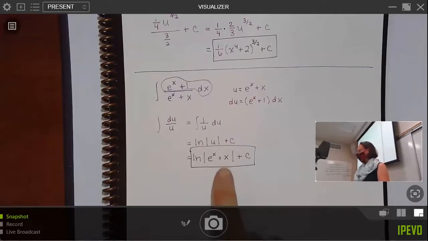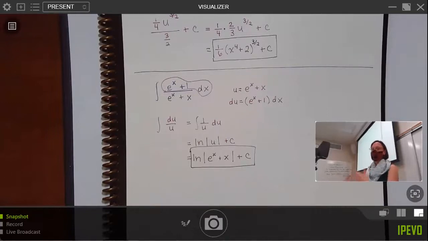We do not have a rule if we've got addition inside of a log. If that were multiplication, then we could break it apart. But for addition, that's it. Addition inside of a log, we're just going to leave it alone and walk away. Correct. Yeah, addition or subtraction, either way, if it's inside of the log, we're walking away.